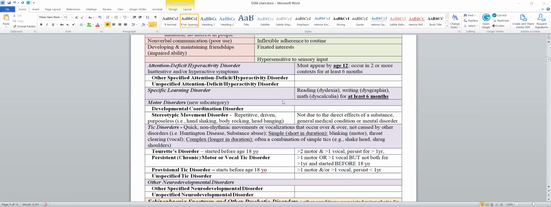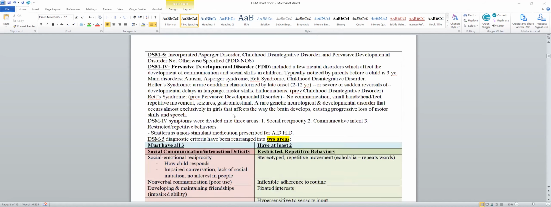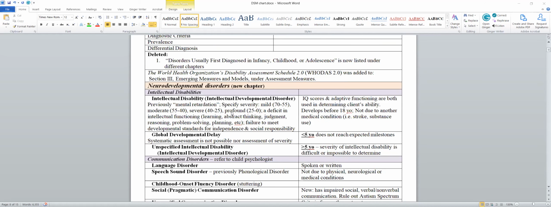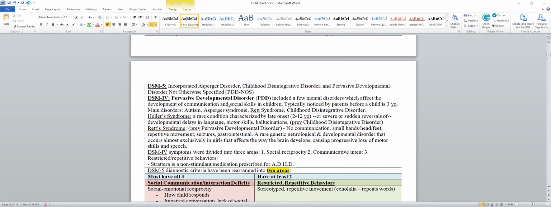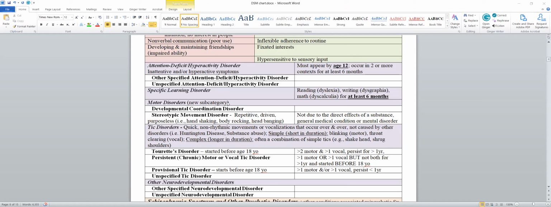The next subcategory under neurodevelopmental disorders is specific learning disorder, which includes reading, dyslexia, writing, dysgraphia, math, dyscalculia, for at least 6 months. The next subcategory is motor disorders, which is a new subcategory.